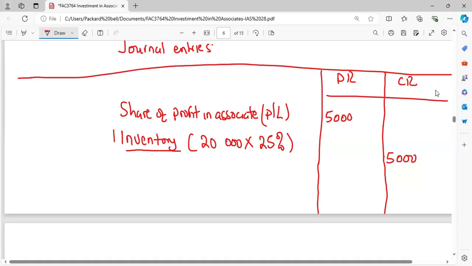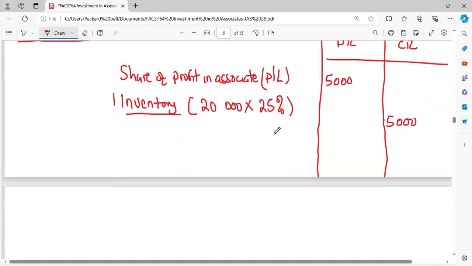What is going to be the tax effect? I think it's easy now. We're going to have a decrease in profit and a decrease in tax, which is going to be deferred tax.